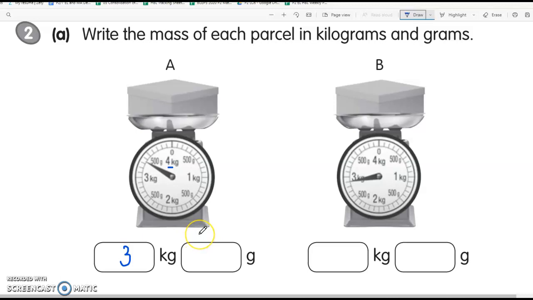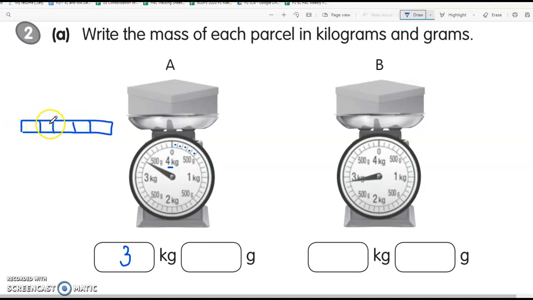So now let's move on to grams. Again, like I say, we need to know what is each interval. Okay, what is the mass for each line. So let's count these boxes to 500 grams. 1, 2, 3, 4, 5. So we're going to use the boxes to help us find each interval.